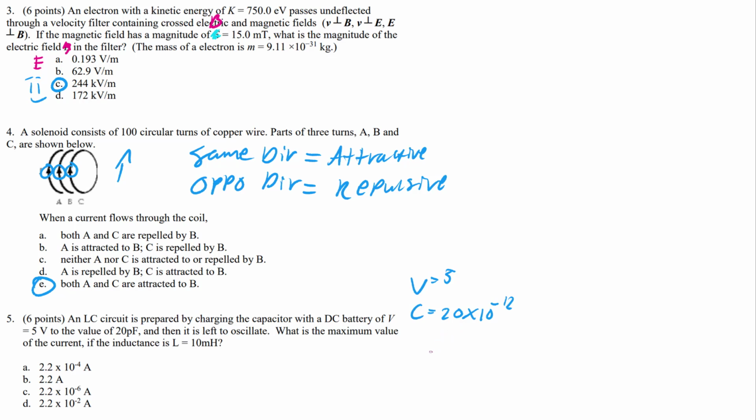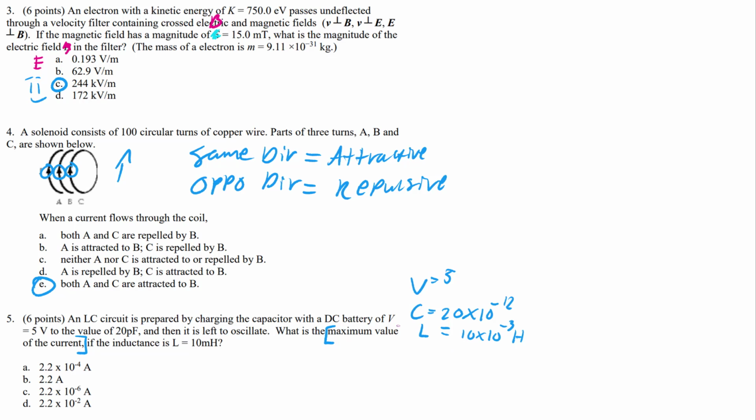That means to kind of vibrate or shake around, right? We have to find the maximum value of the current. Okay, and then L, which is the inductance, is given in henries, it's 10 to the negative 3 henries.